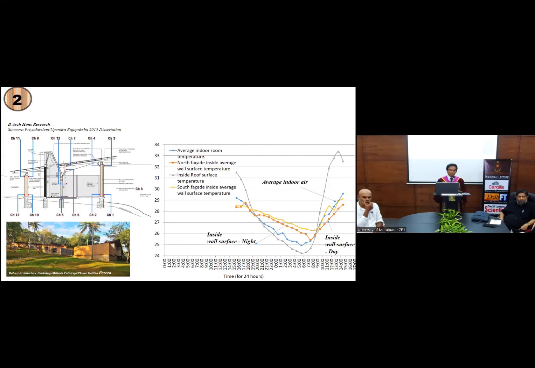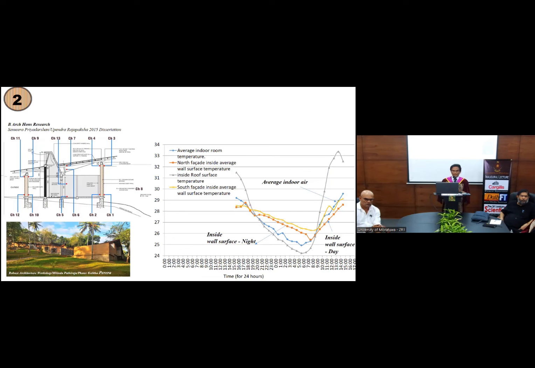This is another well-known example. It's a rammed earth construction, an award-winning design, and one of our bachelor students did research on this several years ago and found that thermal mass works well. Its temperature drops.